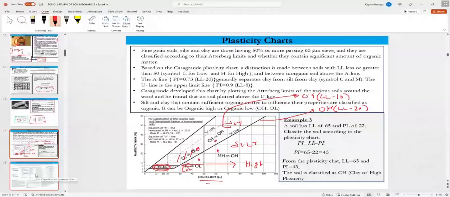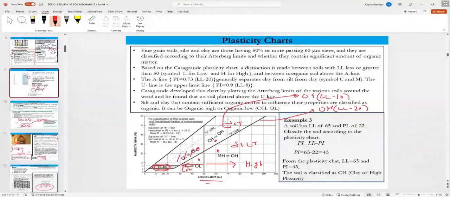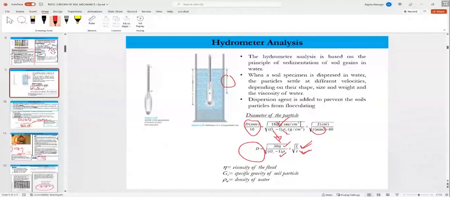We now want to fully classify soil for engineering purposes, not only grading the soil and doing plasticity. We combine gradation and plasticity.